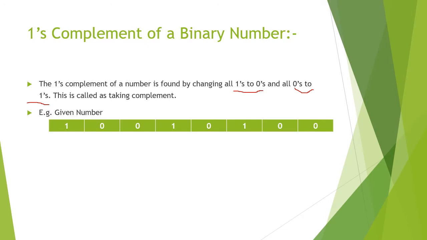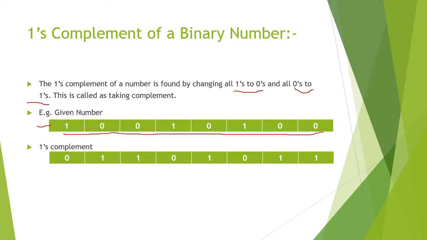I have taken a binary number, that is 1 0 0 1 0 1 0 0, and we have to find out the ones complement of this number. The simple concept is we have to replace every 1 with 0 and every 0 with 1.